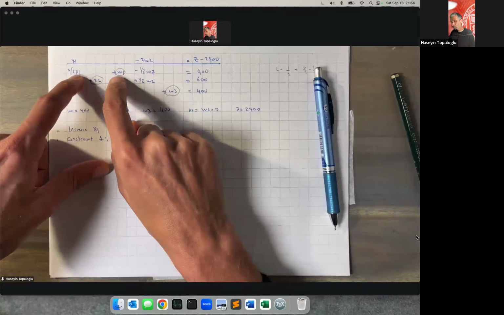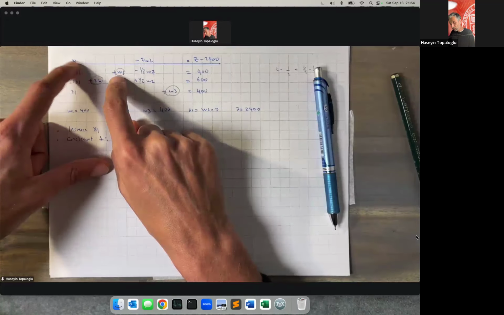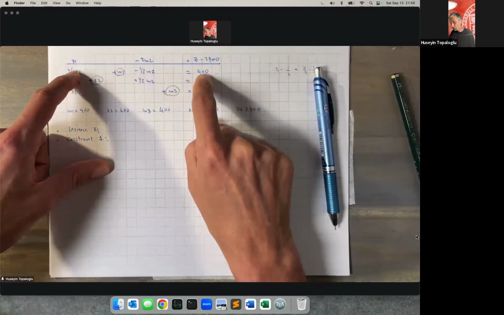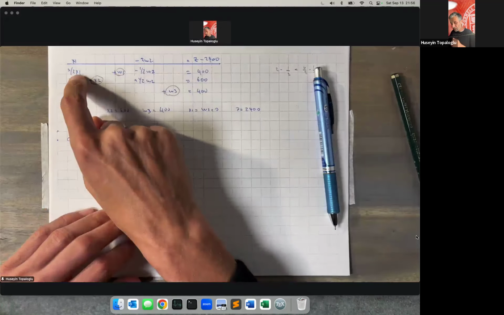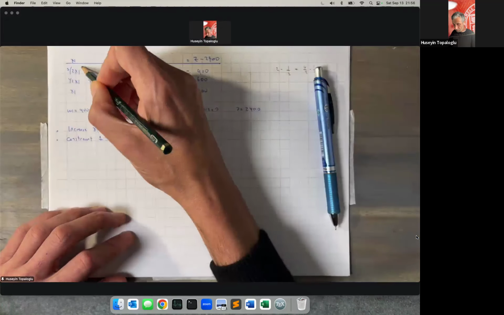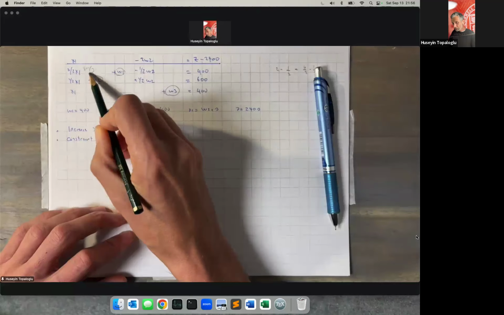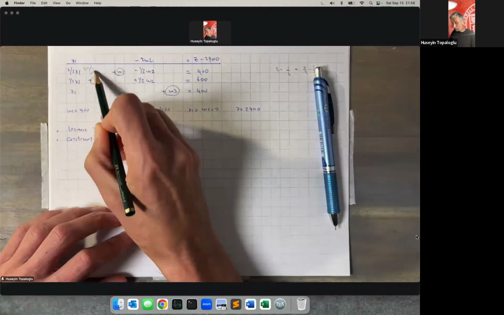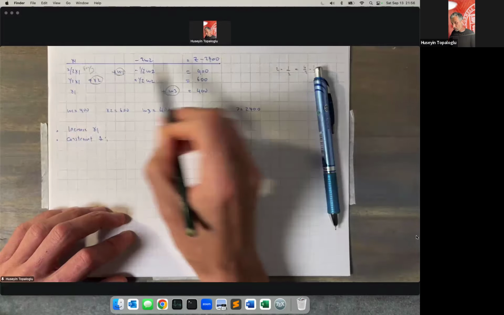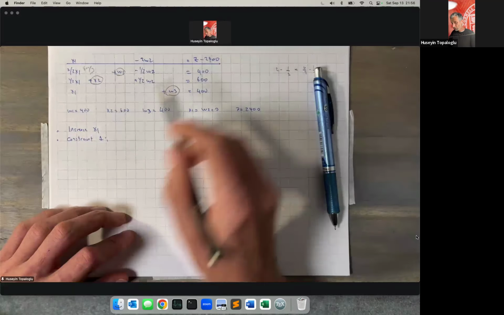If I increase x1 to 200, times 3/2 that's 300, W1 is going to be equal to 100, so their sum is 400. If I increase x1 all the way up to 800 divided by 3, 800 divided by 3 times 3/2 is going to be 400. Then W1 is going to be equal to 0, so that they add up to 400.